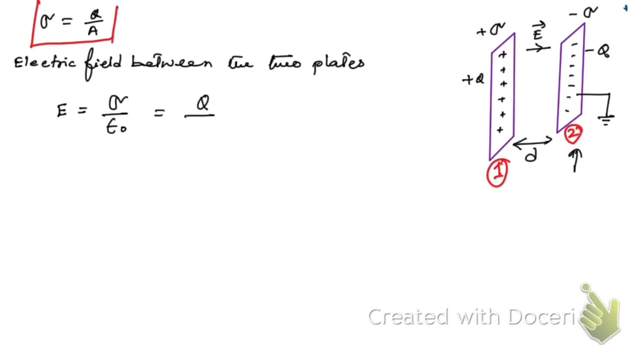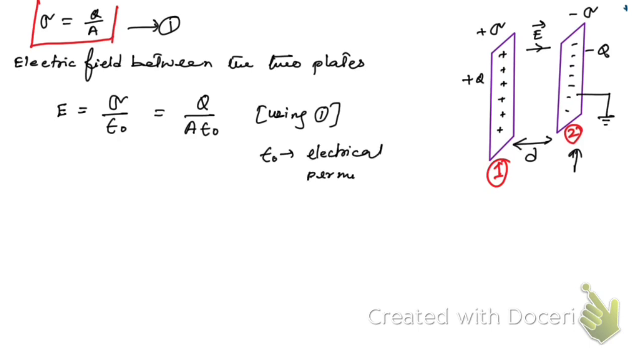So E is equal to Q by A epsilon naught. This is equation number 1, where epsilon naught is the electrical permittivity of free space.